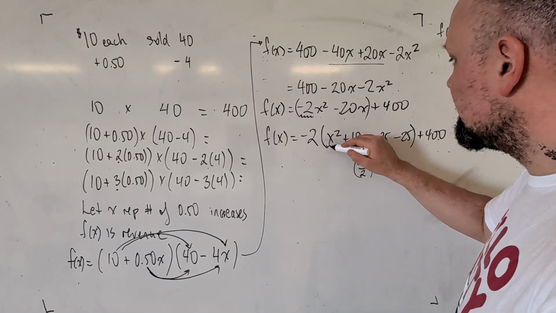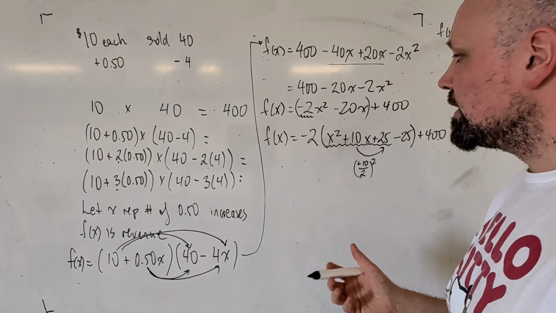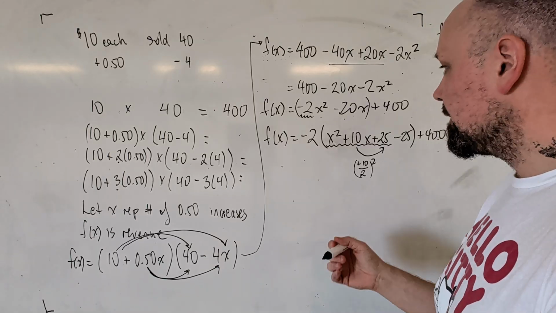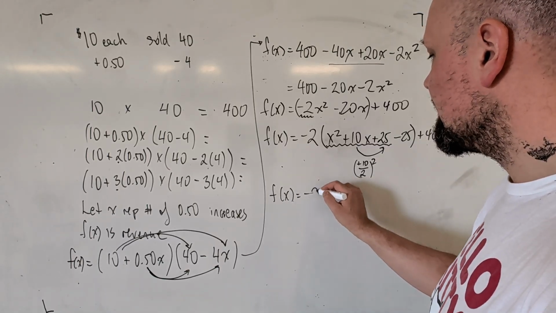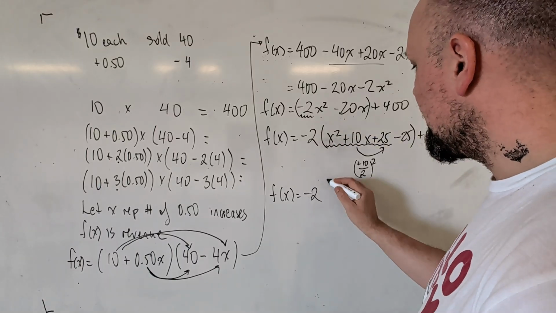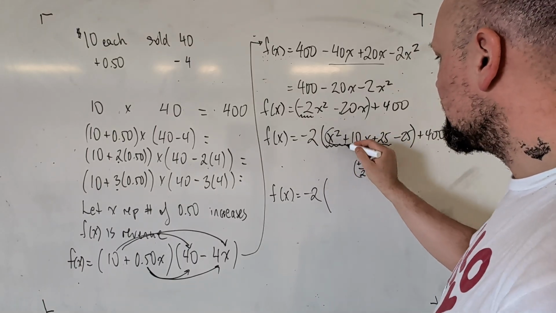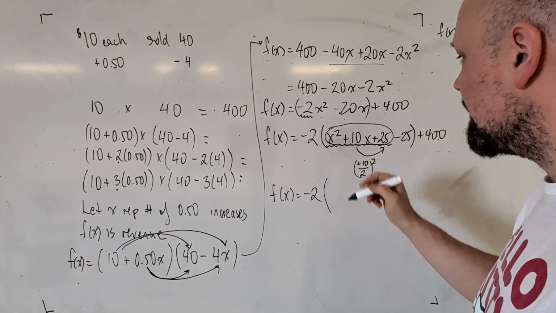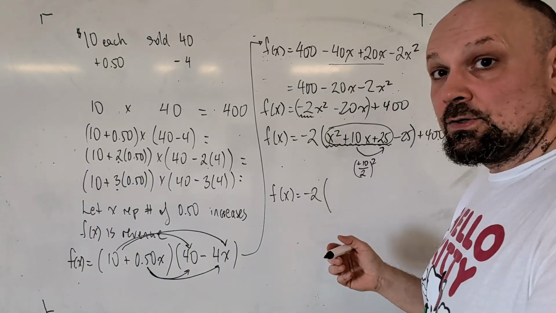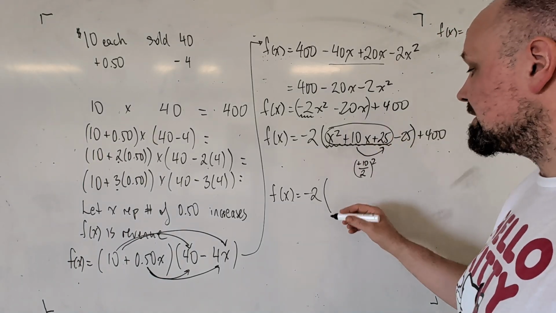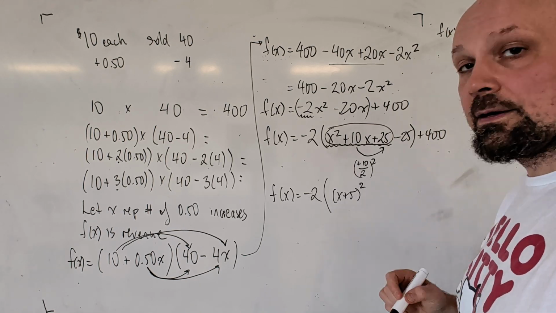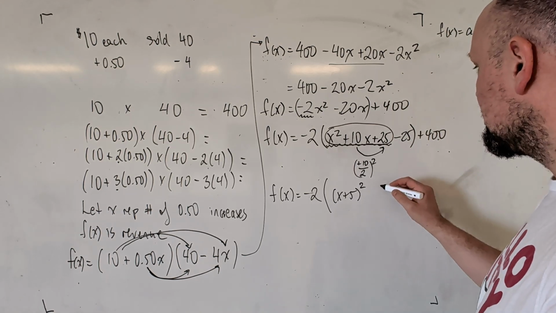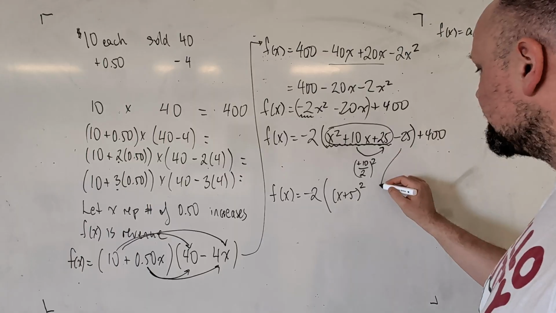This part is going to factor into a perfect square. So f of x is -2, and then this bracket, and then I'm going to factor x squared plus 10x plus 25. Two things that multiply to 25 and add to 10 are 5 and 5. So I can call it x plus 5 squared. And then I have my minus 25 still.